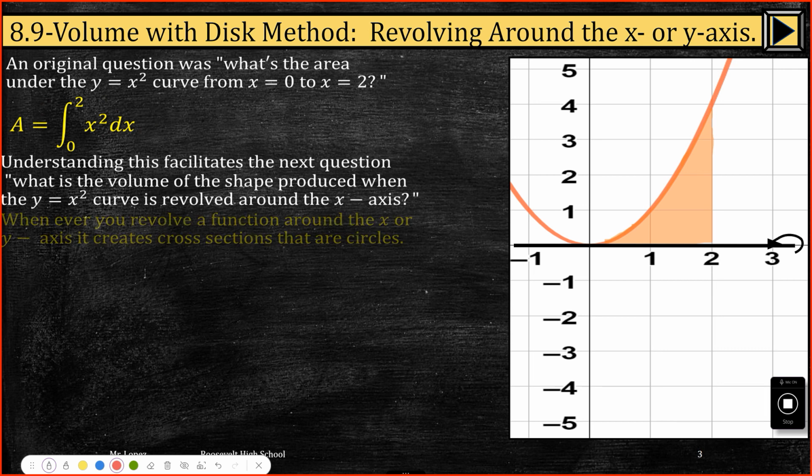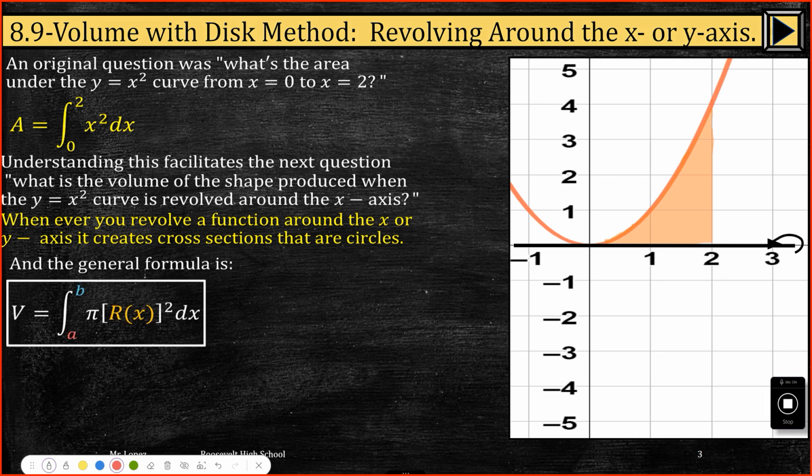Watch. It's talking about the formula already. So it's going to create a volume, and it is going to go from A to B.